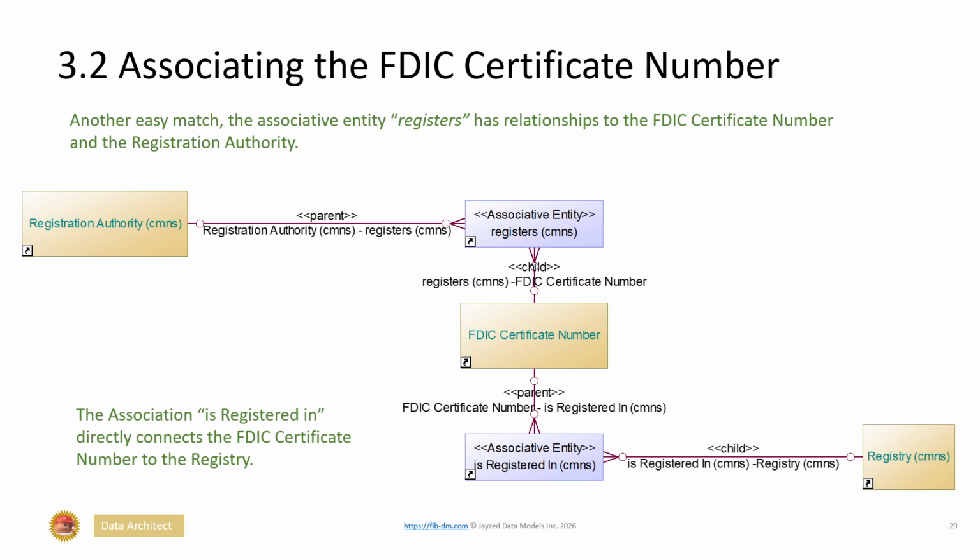We find the associative entity registered, and that has relations to the FDIC certificate number and the registration authority. And also we find that the FDIC certificate is registered in a registry.